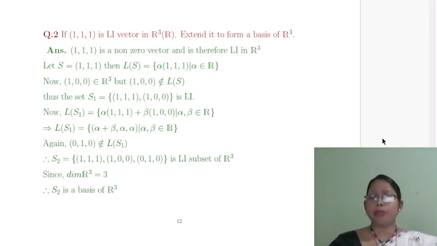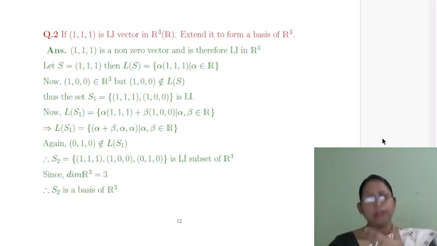Now, the linear span of S1 is given by alpha times the vector 1, 1, 1 plus beta times the vector 1, 0, 0, where alpha and beta belong to the field. Using scalar multiplication and vector addition, I get the linear span of S1 equal to alpha plus beta, alpha, alpha.